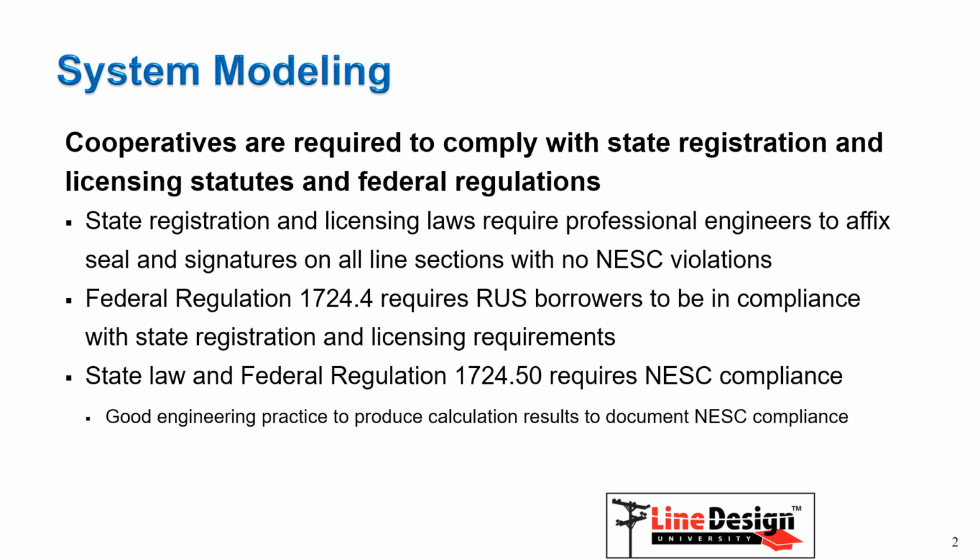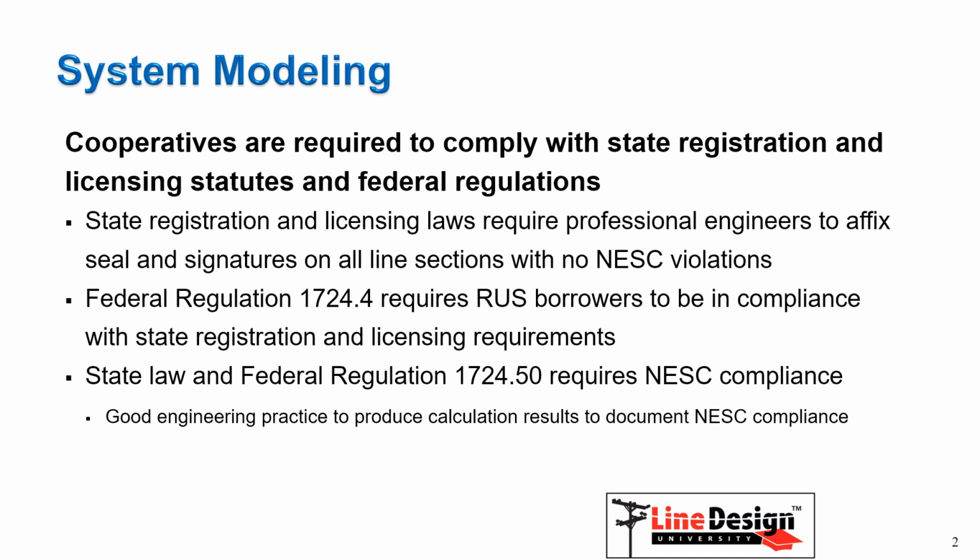Cooperatives and professional engineers are required to comply with state registration and licensing laws and federal regulations when it comes to engineering. All state registration and licensing laws require professional engineers to apply their seal and signature to all final designs that require ice and wind load calculations and where facilities are exposed to the public.